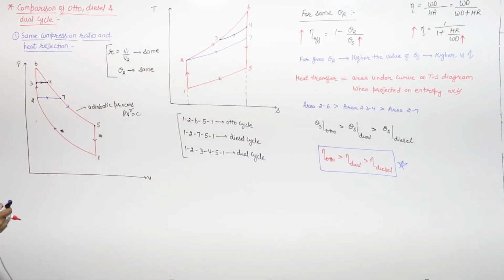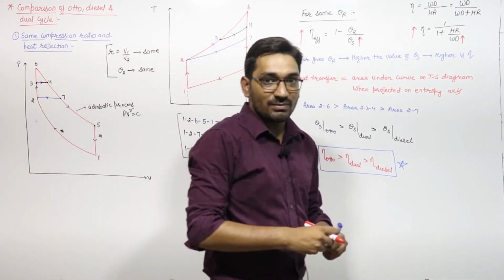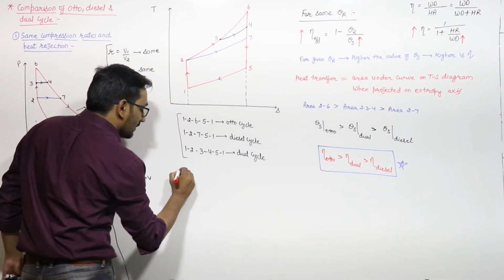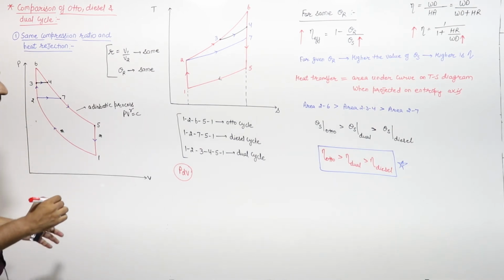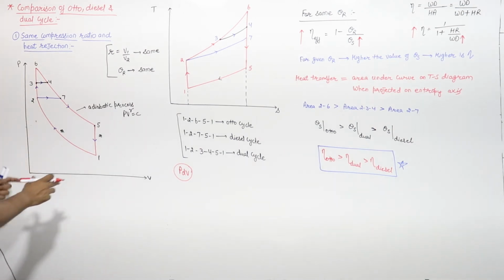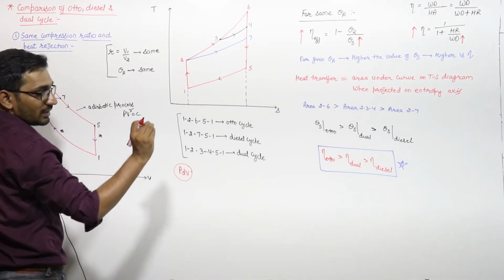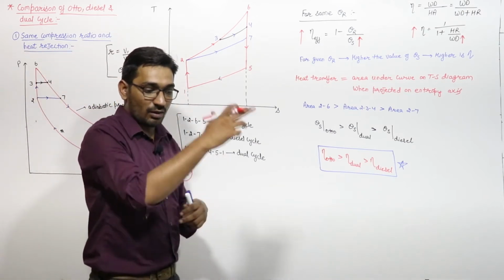Now, how to find the work done for a process in a closed system? That is the area under PdV. Work done for a closed system is PdV, the area under the PV curve. So if you see from here, the net work done will be the area of the cycle on the PV diagram.